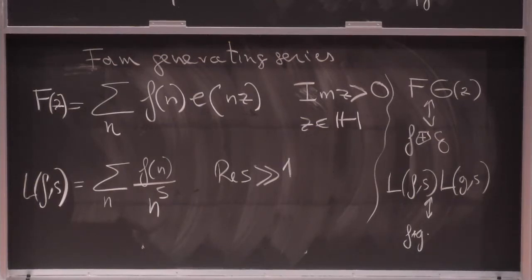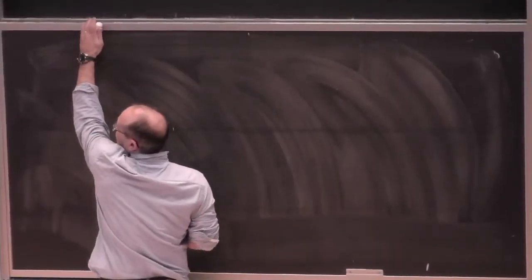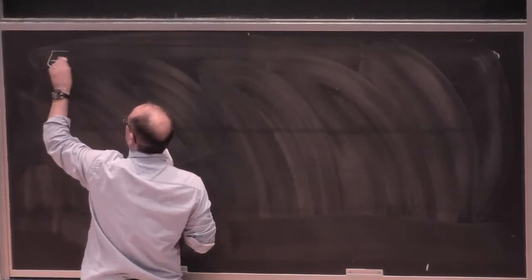So, examples where you are lucky, where your generating series have nice properties.